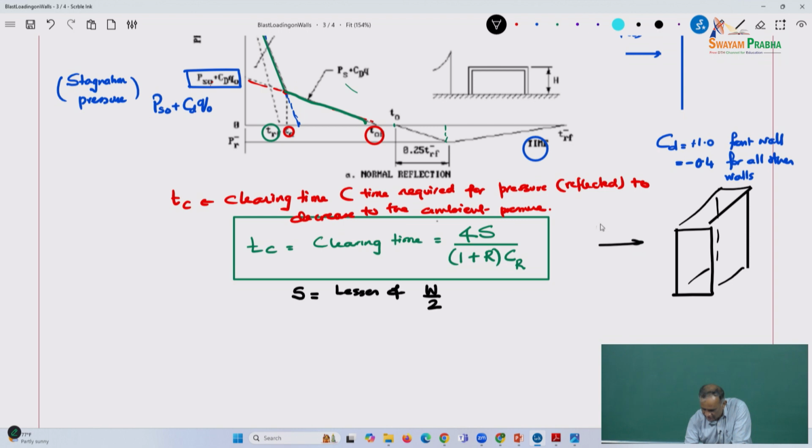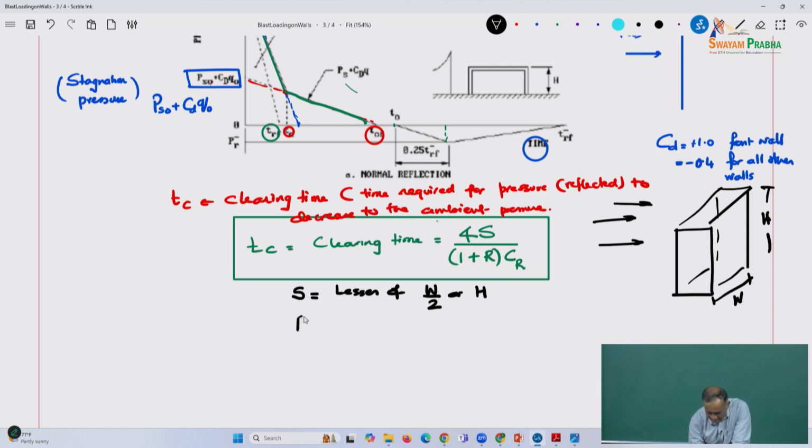This is the height and this is the width. So S is the lesser of W by 2 or H, the height.